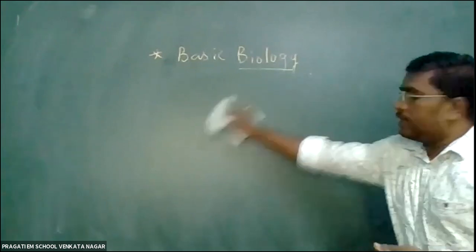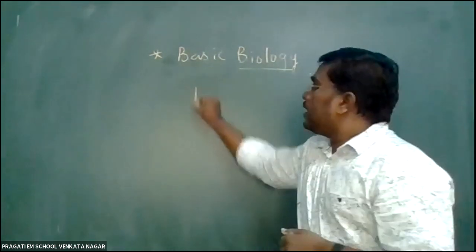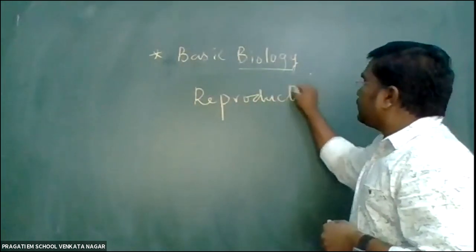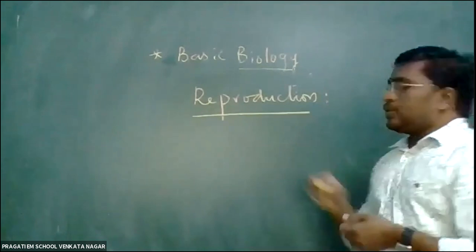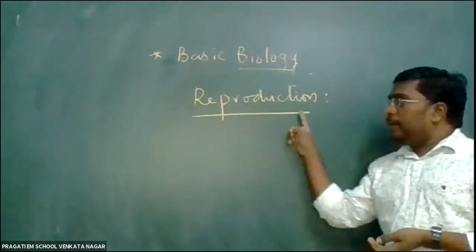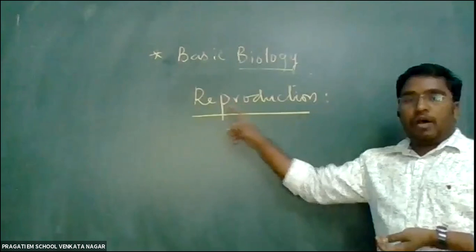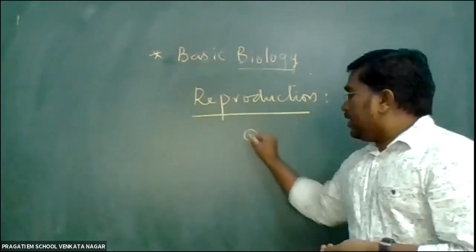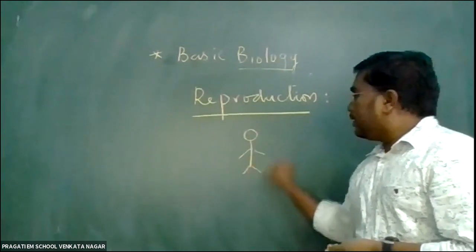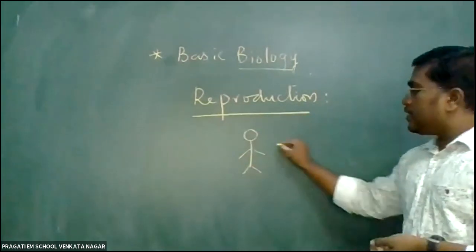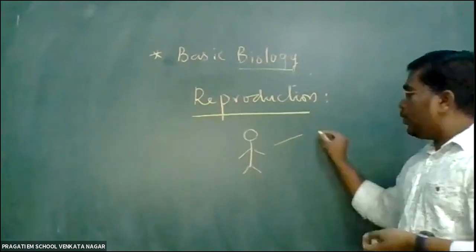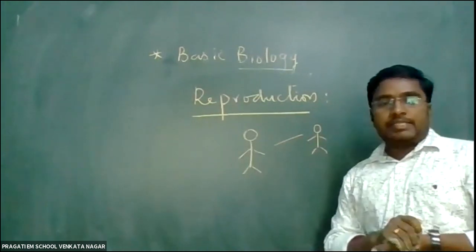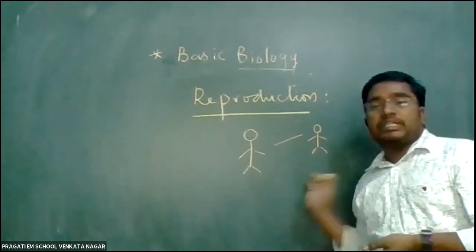The second one is reproduction. It's very, very important. Reproduction is production of offspring, production of a new one. Existing organisms making a new offspring is nothing but reproduction.